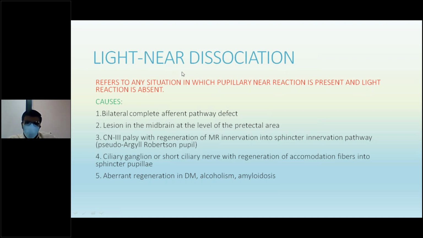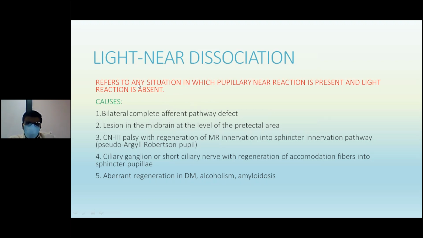The causes are: bilateral complete afferent pathway defect; a lesion in the midbrain at the level of the pretectal area; third nerve palsy with aberrant regeneration of medial rectus innervation into the sphincter pathway, called pseudo-Argyll-Robertson pupil; and ciliary ganglion or short ciliary nerve lesions with regeneration of accommodation fibers into the sphincter pupillae, aberrant regeneration in diabetes mellitus, alcoholism, and amyloidosis. These are the causes for light near dissociation.